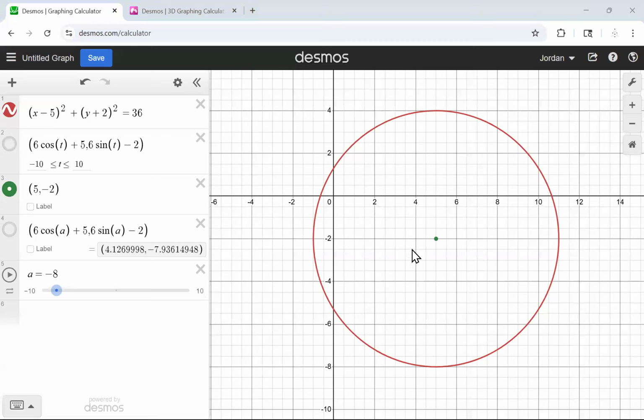So I've just typed in the equation (x minus 5) squared plus (y plus 2) squared equals 36. Obviously, I've also graphed the center at the point (5, negative 2). So that's a pretty standard circle, radius 6, centered at the point (5, negative 2).